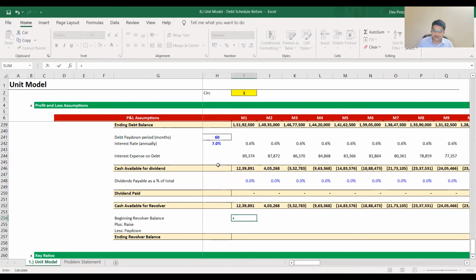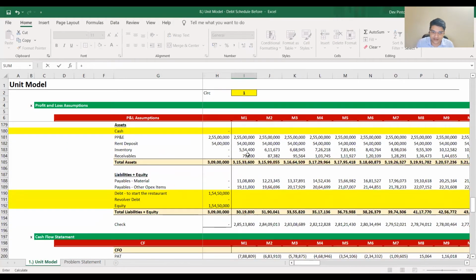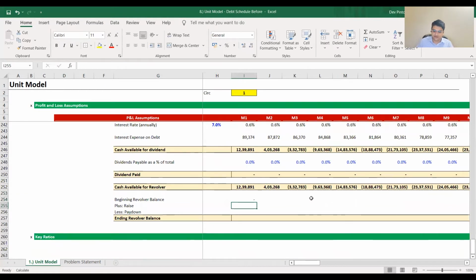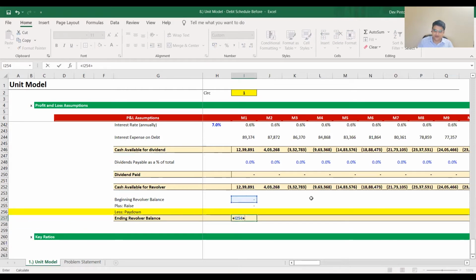Beginning revolver balance would be nothing but the ending balance of the previous period. Raise will be nothing but if this is less than 0, then minus of this, else 0, right? 1 plus 2 minus 3.